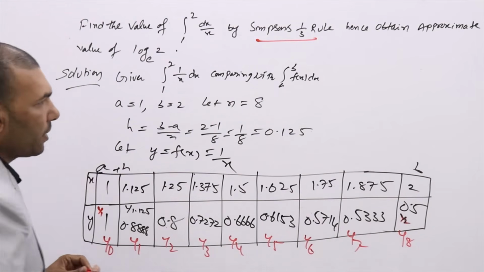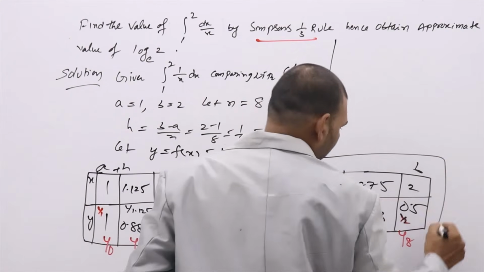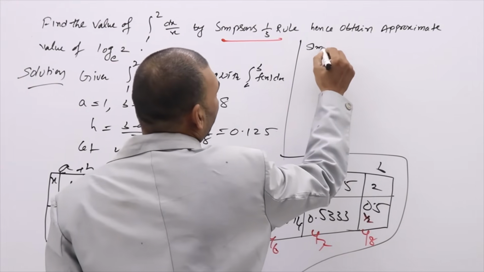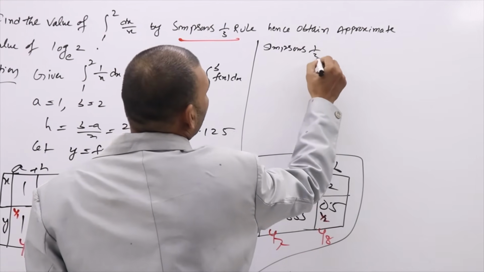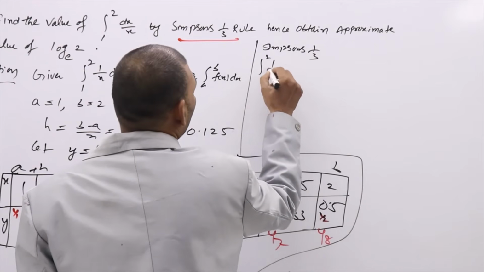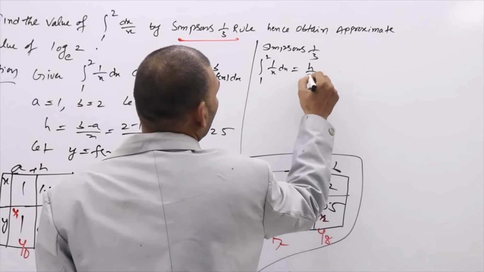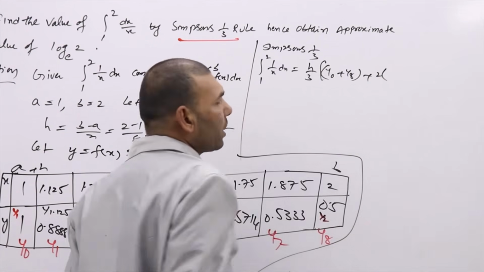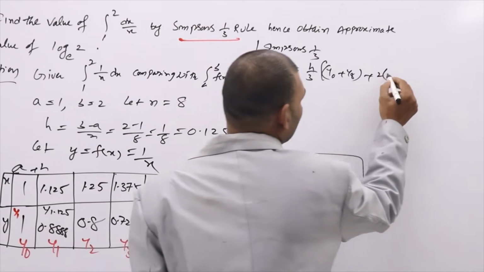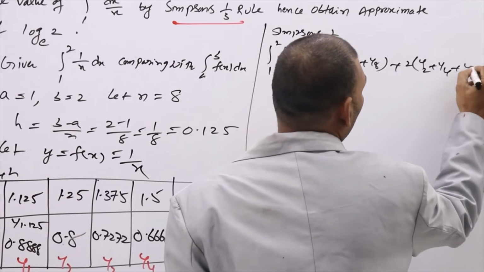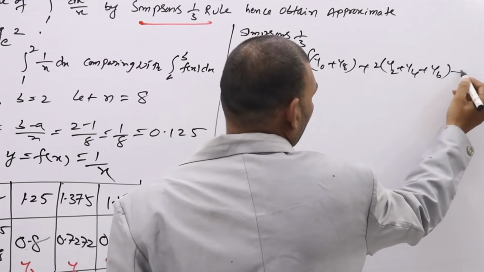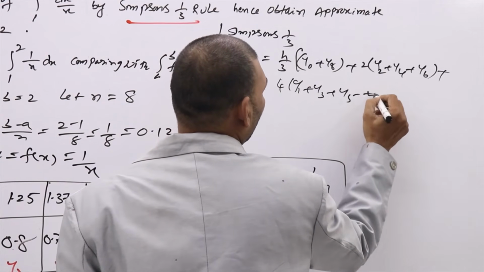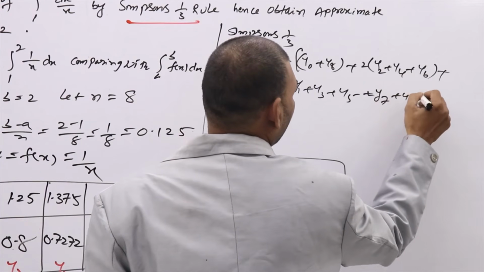Now I am going to write Simpson's 1 by 3 rule formula, and substituting these values we will get the answer. From Simpson's 1 by 3, integral 1 to 2 1 by x dx equals h by 3 into y0 plus y8 plus 2 into even suffix. Even suffix is y2, y4, y6 excluding the last one, plus 4 into odd y1, y3, y5, y7, y9.